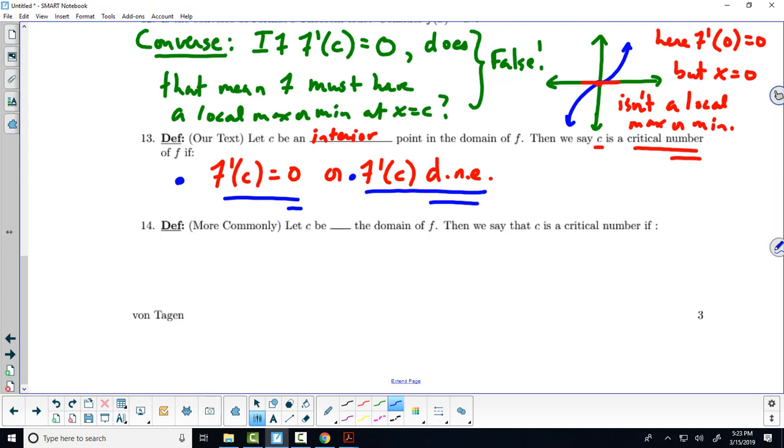If either one of those happens at an interior point, then we're going to call it a critical number. In a lot of other calc books, they simply say let C be in the domain, which means that critical numbers could occur at the endpoints. I just want to point that out to you, but we will be using definition 13 here that says that it must be an interior point.